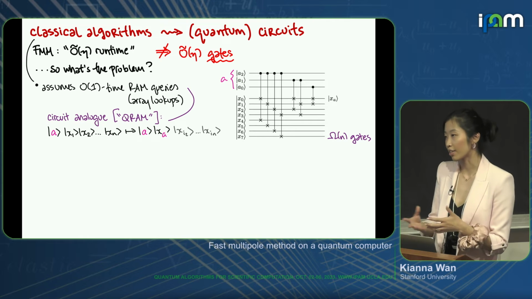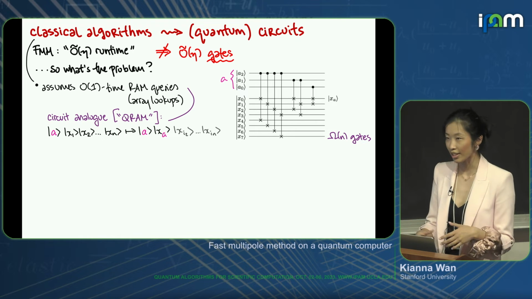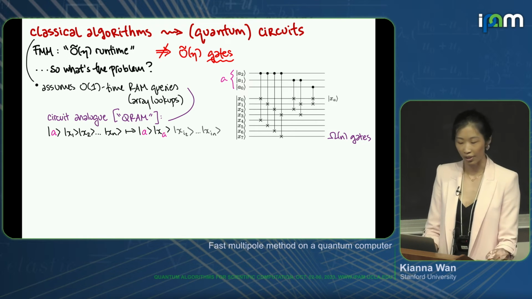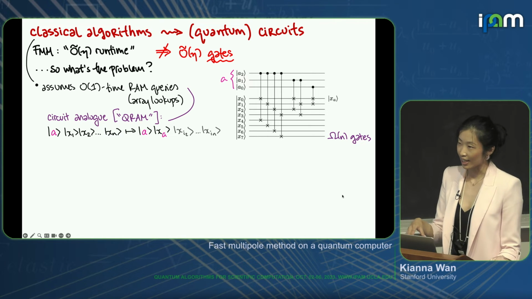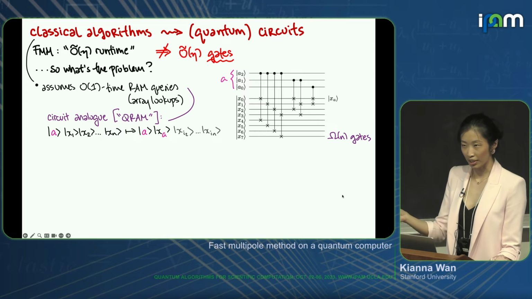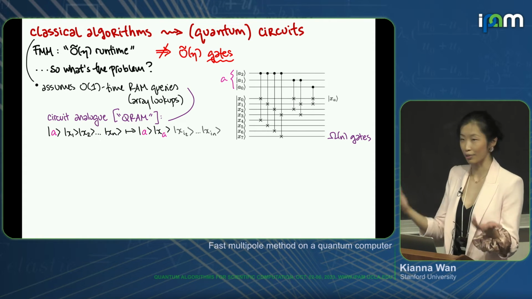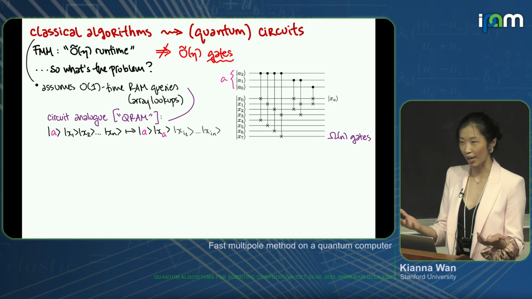And the cost of operations on this data structure is analyzed assuming order 1 RAM queries. So directly translating the classical implementation to a quantum circuit would incur linear overhead, which would ultimately result in quadratic cost, so not any better than just direct computation.